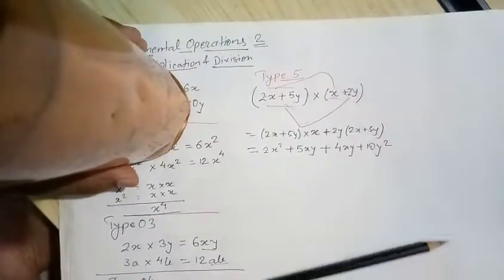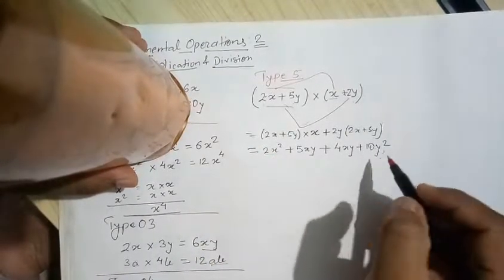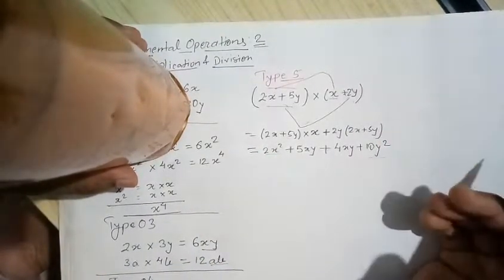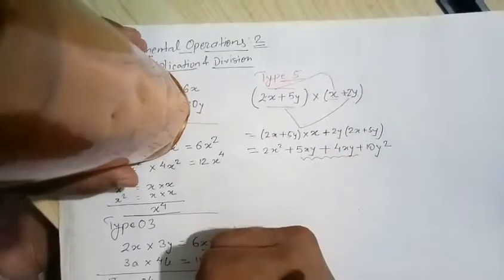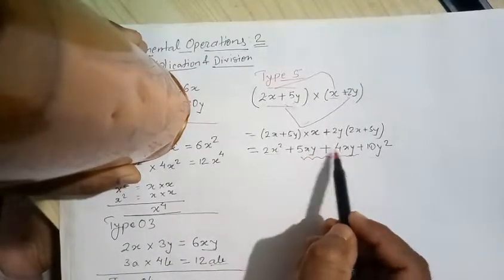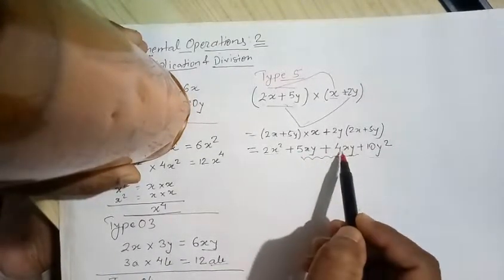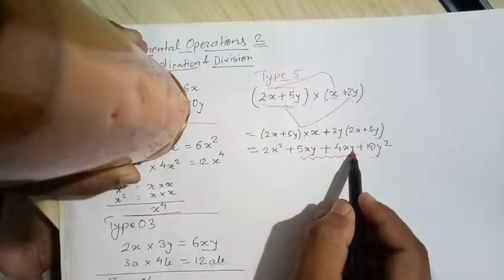If you have a close look at it, your first term is 2x squared and the last term is 10y squared. And the middle one is very important. What is peculiar about it: both terms are like terms. This is xy, this is also xy.